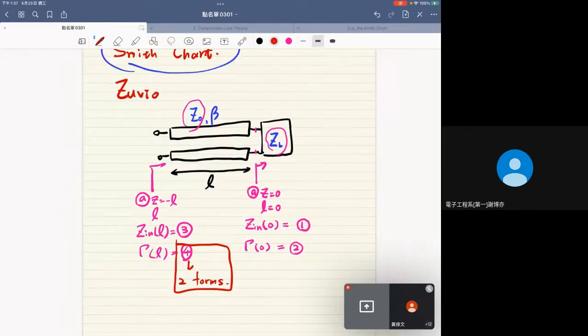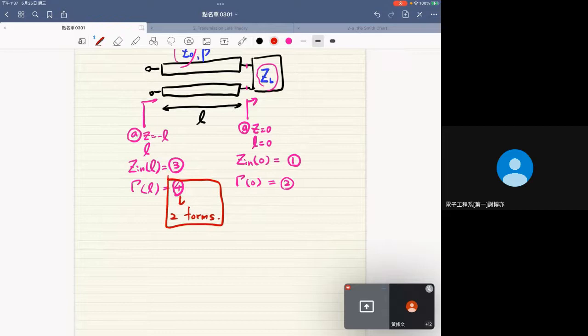For form number 1, you will use the answer we already get. We will use the notation Zin(L). This is the answer from question number 3.